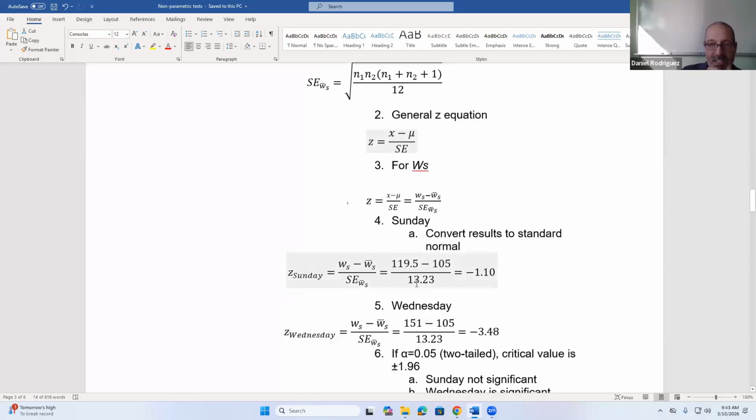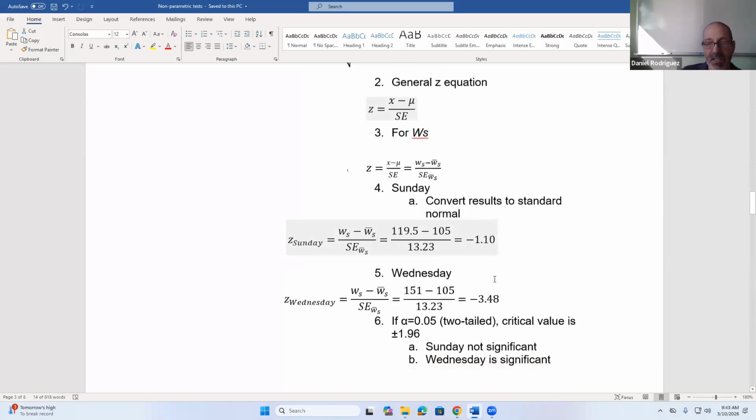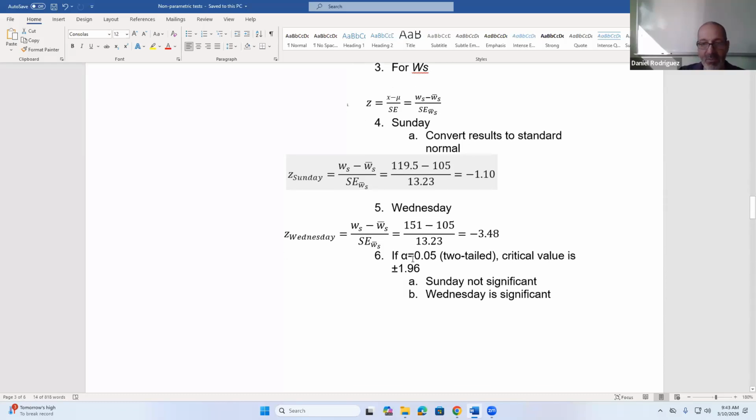We get our standard error for the W's as 13.23, and we get a value of 1.10. This is a Z value of 1.10. So we already know that this isn't going to be good, right? Because especially if we're doing a two-tail test with an alpha of 0.05, our critical value would be plus or minus 1.96. So this is telling us that the value on Sunday does not statistically differ from what we'd expect by chance alone.